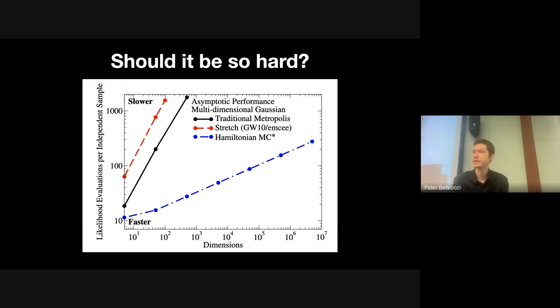I'm happy to talk about how others like nested sampling or normalizing flows fit into this. They all scale with some power of dimensionality. The new technique that I'll talk about, adaptive searchlight, for a Gaussian distribution, is O of 1 to get to very high dimensionality.